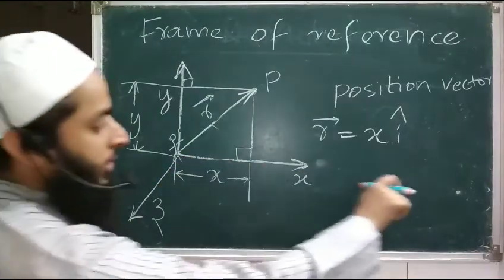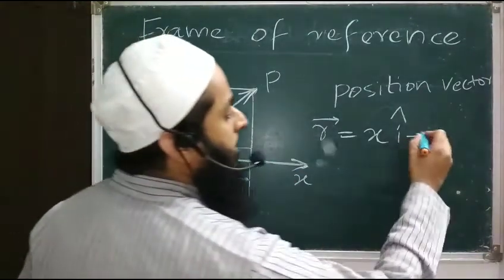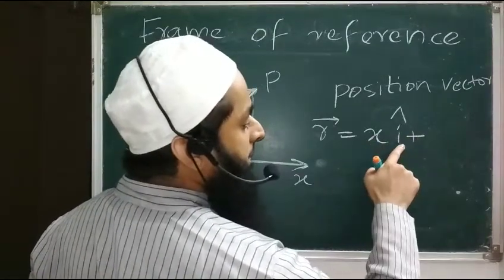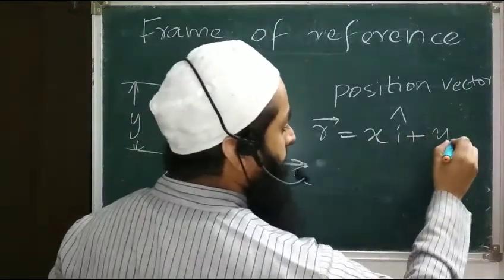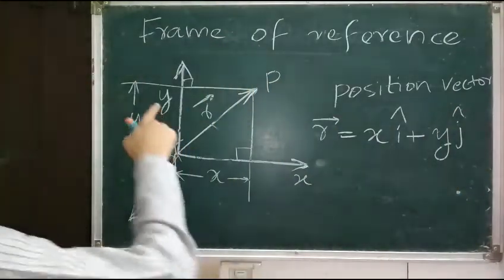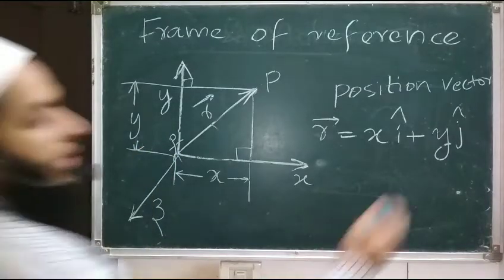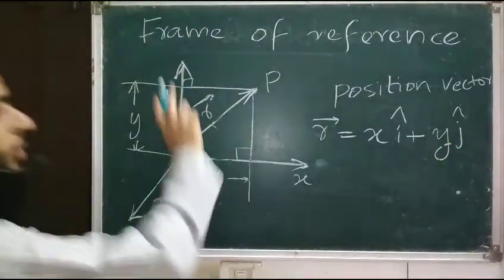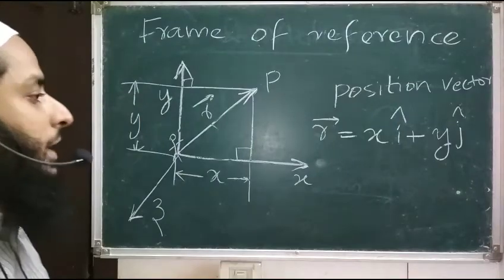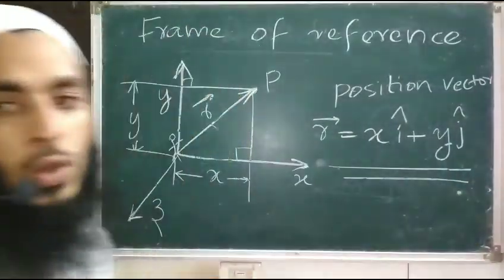It is a unit vector along the x direction. Plus y times j cap. Here y is the magnitude of the distance along the y direction, and j cap is the unit vector along the y direction. So this is how you describe the position of a particle or an object.